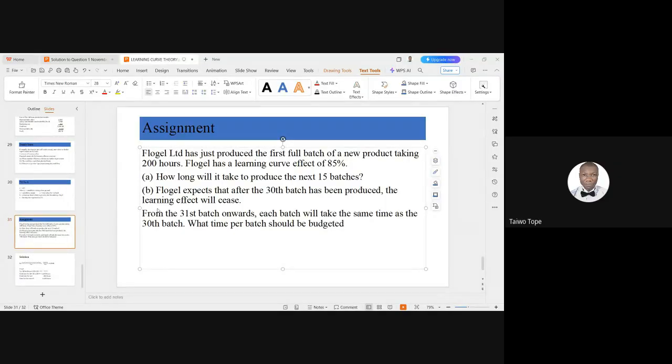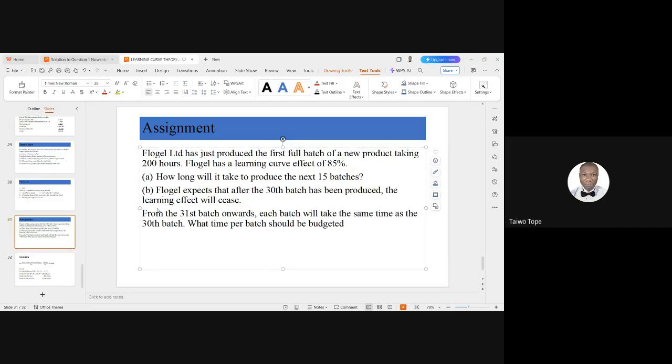In learning curve, there are instances where you will not be given the learning rate, and you'll be expected to determine the learning rate. We'll talk about that when next we meet. In brief, it's not anything complex. It's just using a formula, and the formula is a r to the power of n equals the cumulative average time per unit.